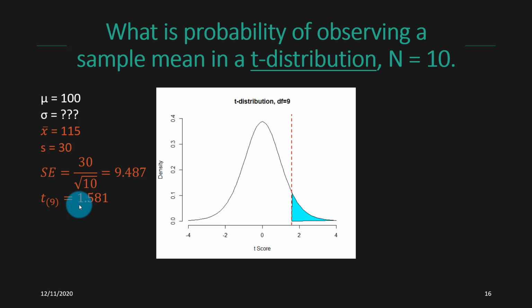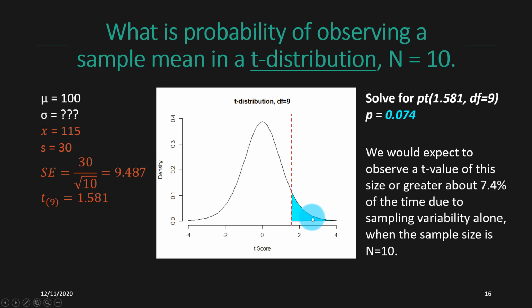Now, we can think about this drawn on the appropriate t distribution. So this is the t distribution when there are 9 degrees of freedom. And again, this is going to have thicker tails and a shorter center than the normal distribution. But if we want to know what is the probability of getting a sample mean of 115 or greater, we could place our t observed value on this curve and then look at the area under the curve for that t observed value.